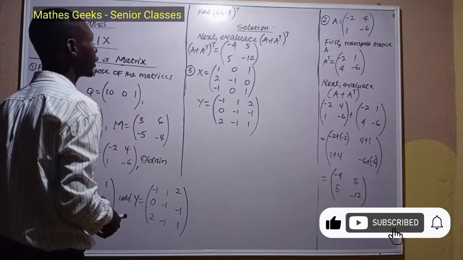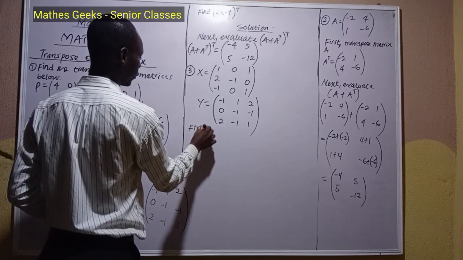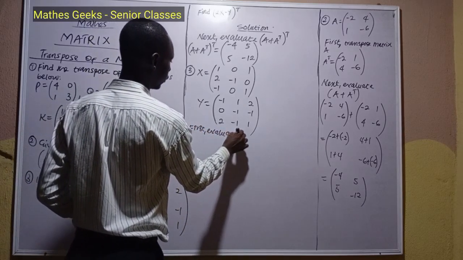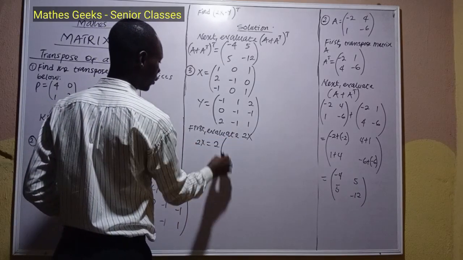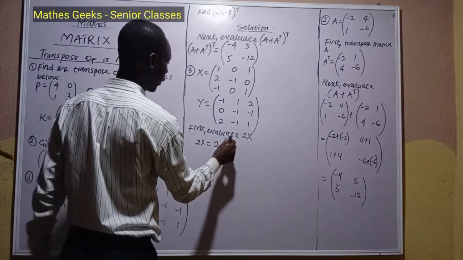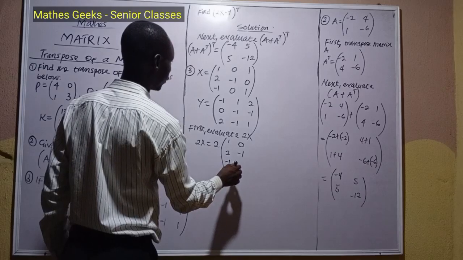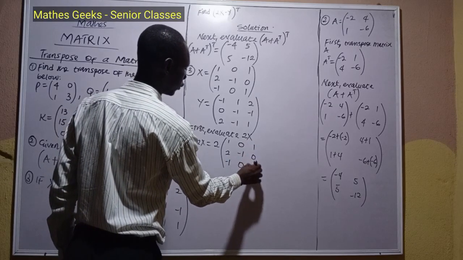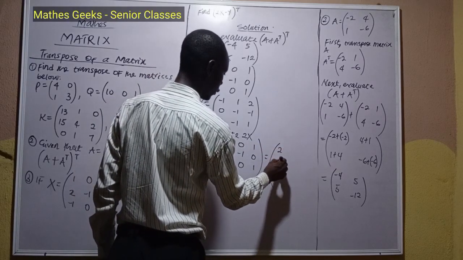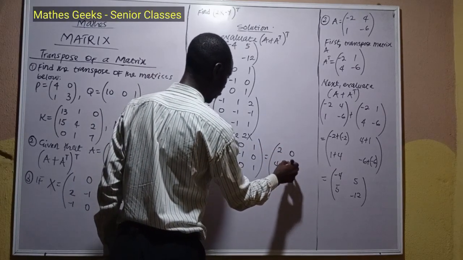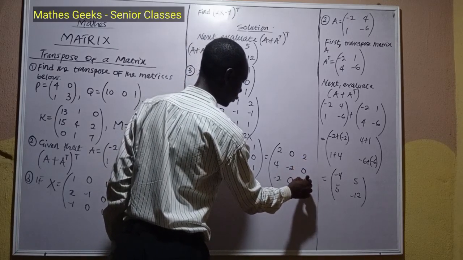So we have to look for 2X minus Y. First, evaluate 2X. 2 is a scalar. 2 times matrix X, 1, 2, -1, 0, -1, 0, 1, 0, 1. This gives 2, 4, -2, 0, -2, 0, 2, 0, 2.